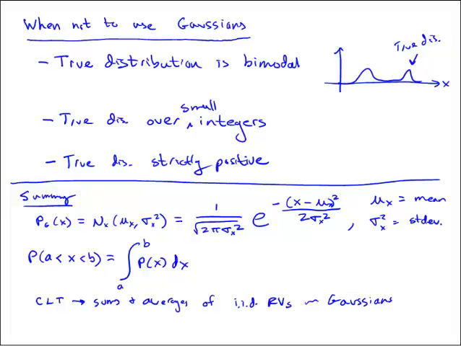And lastly, just beware, because Gaussians, even though they can do a whole lot, they can't do everything. So there are a lot of instances when a Gaussian will not work for your situation. However, if a Gaussian is a good approximation to your situation, then your life is going to be much, much easier.